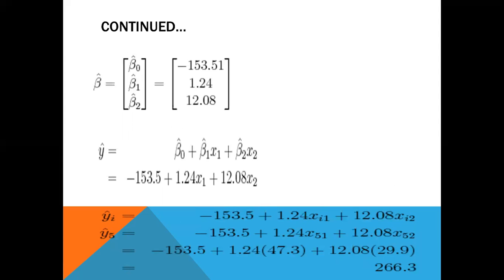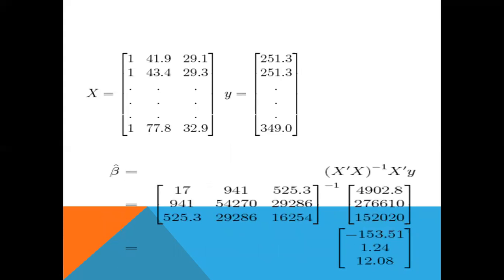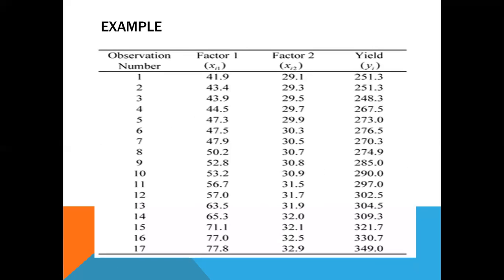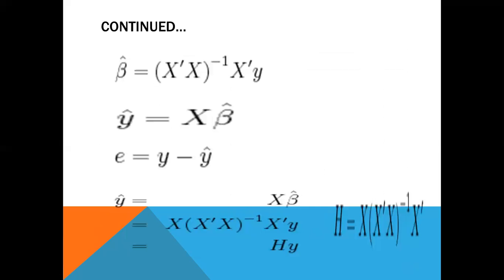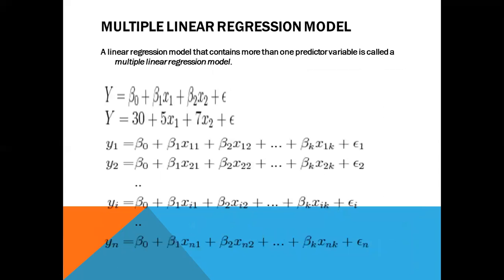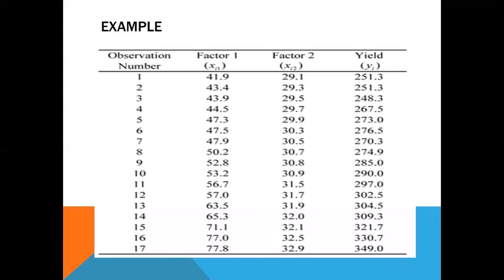Then b cap equals b cap 0, b cap 1, b cap 2, because here you can see that we have two values of x. Okay, so the formula will be this one, what we saw here, b0 plus b1x1 plus b2x2. That's why we have b0, b1 and b2 here.